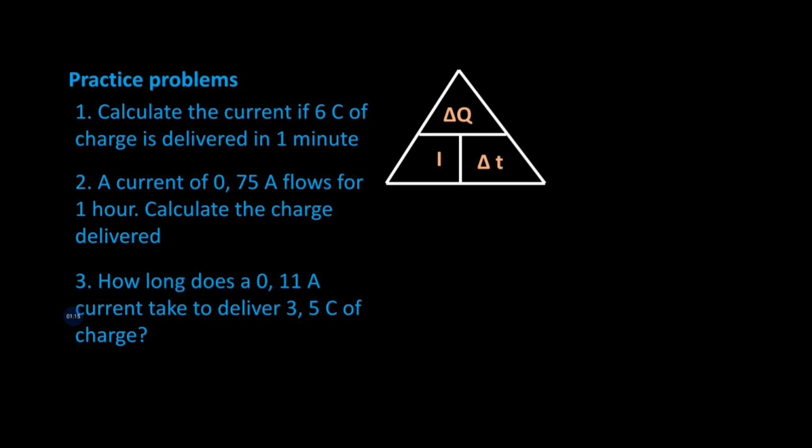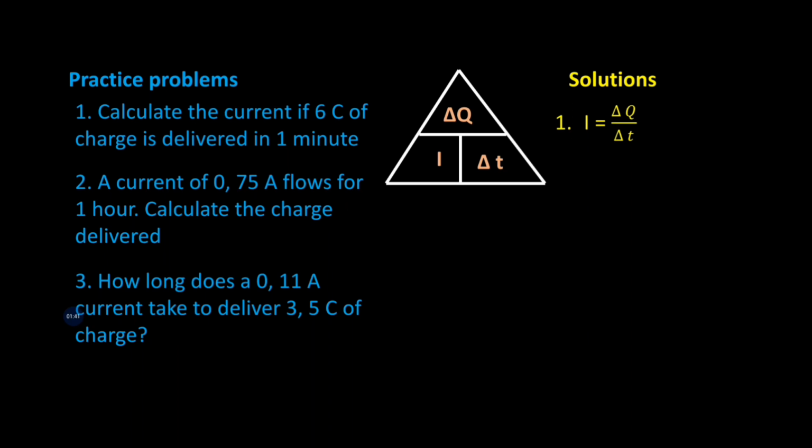We have said the current is equal to the rate at which charge flows. So I is equal to delta Q over delta T. The first one, we simply use the formula to calculate the current. But make sure that the time must always be in seconds.